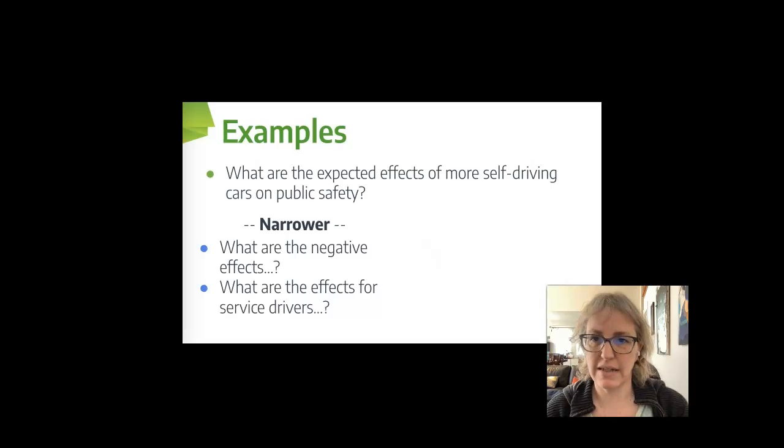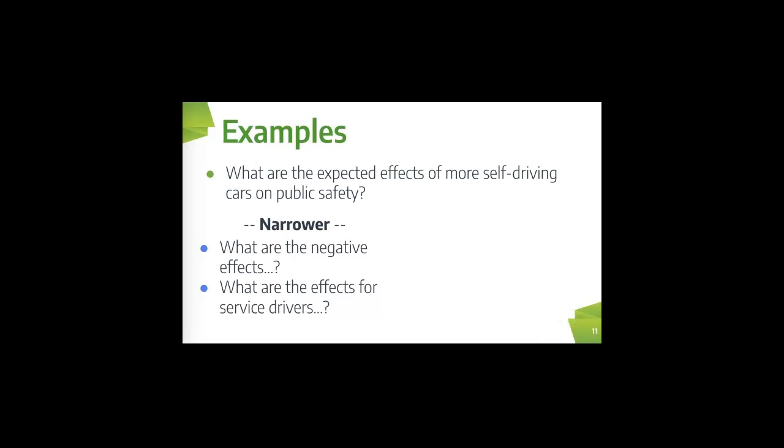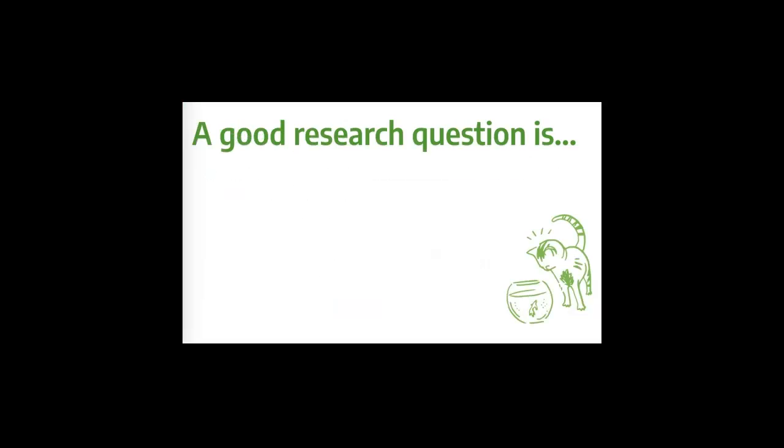Will we be looking at the disappearance of cargo truck drivers, or Uber or Lyft drivers? Say I'm having a hard time because I'm just not finding enough information. I can broaden my scope so that I find more materials. If I revise my question from effects on public safety to effects on the economy, I'm guaranteed to find a lot more journal articles.